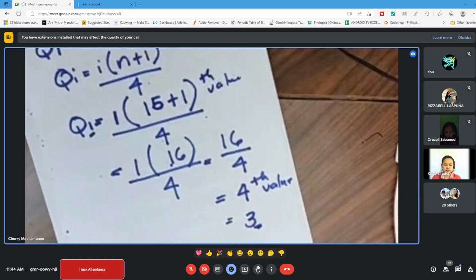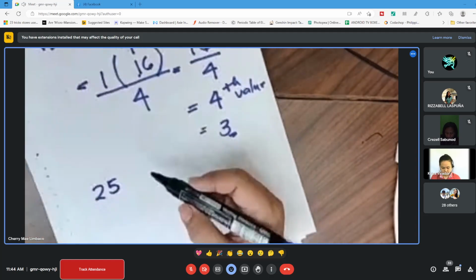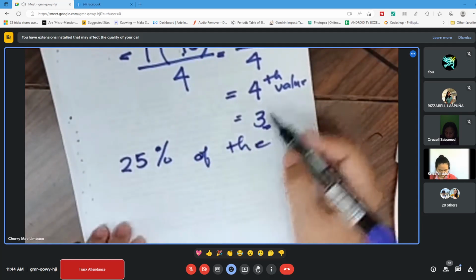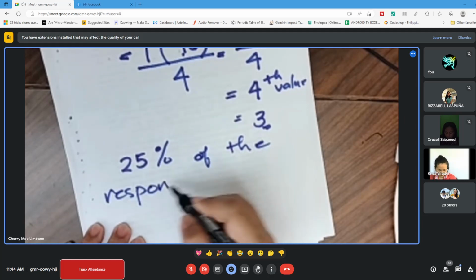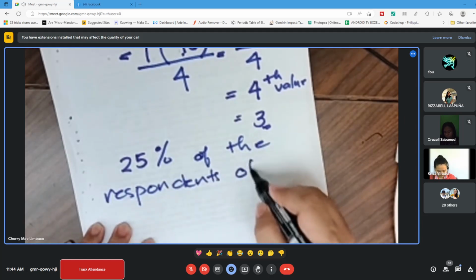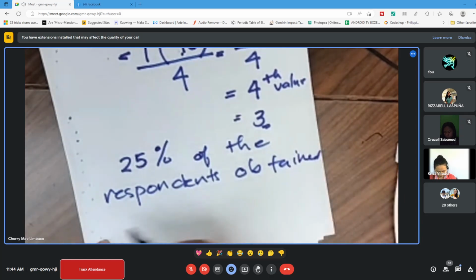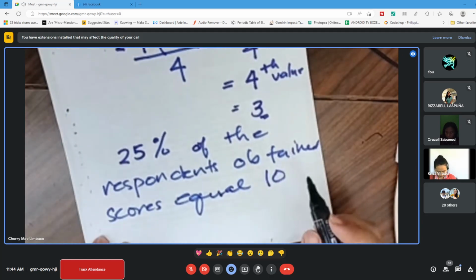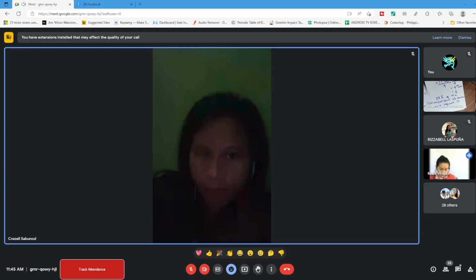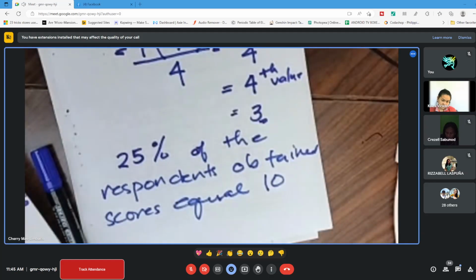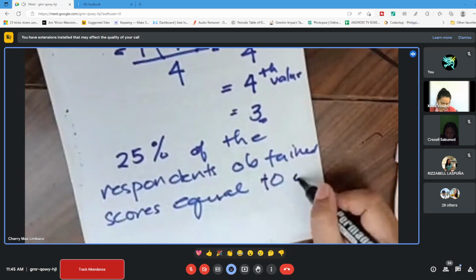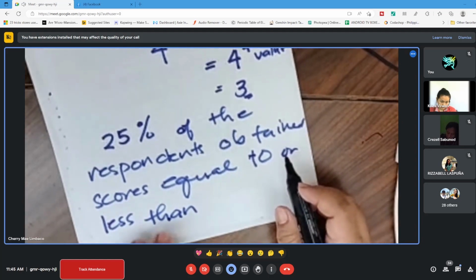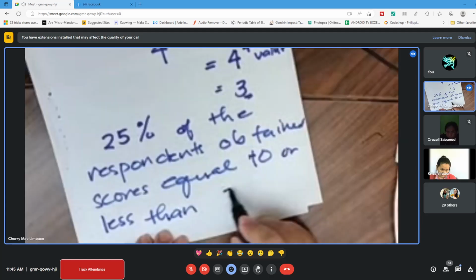So, moingon ta, 25% of the respondents obtain scores equal to or less than 3.